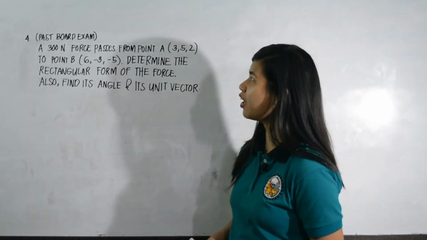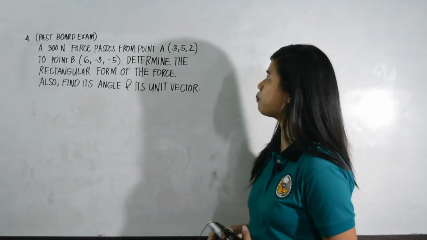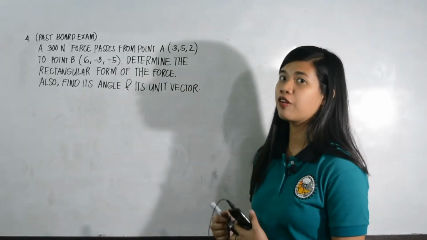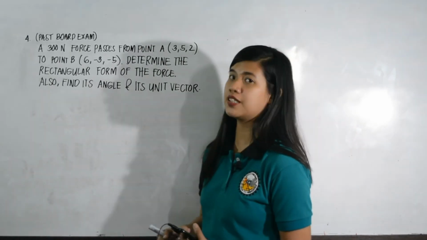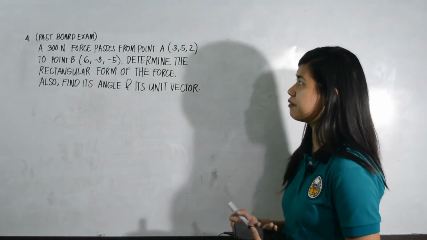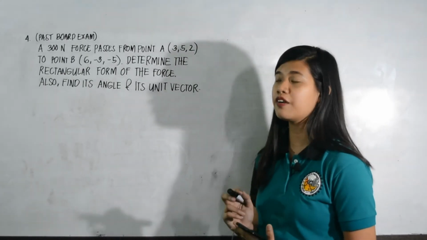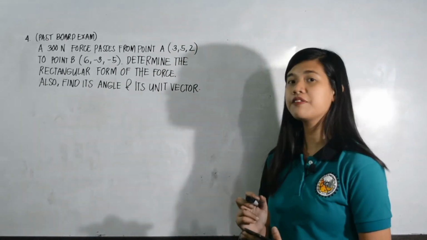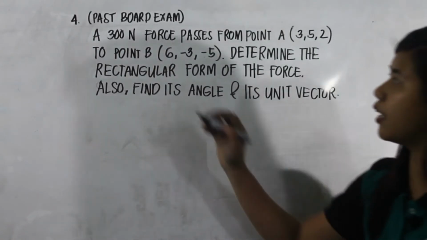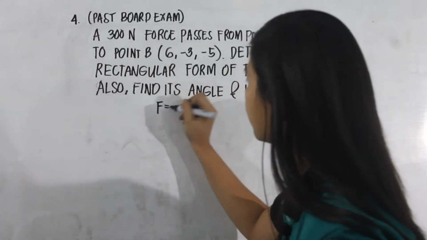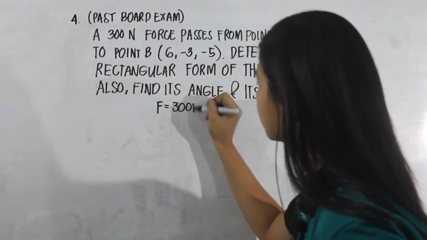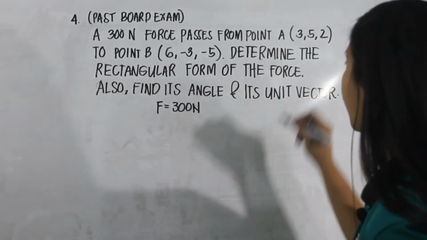Another example, a 300 Newton force passes from point A of 3, 5, 2 to point B of 6, negative 3, and negative 5. So determine the rectangular form of the force and also find its angle and its unit vector. So we have the given force equal to 300 Newton.